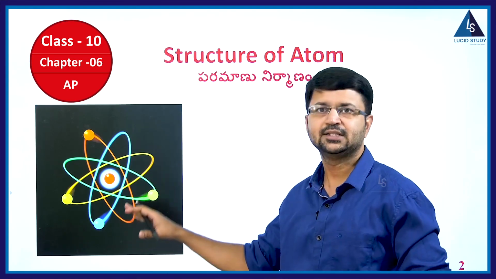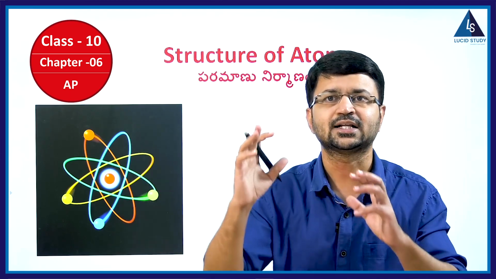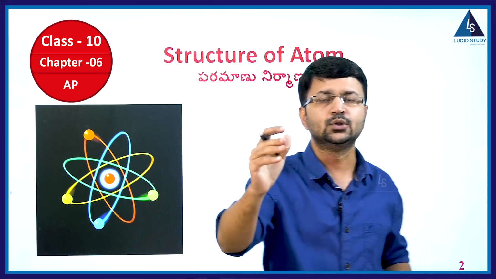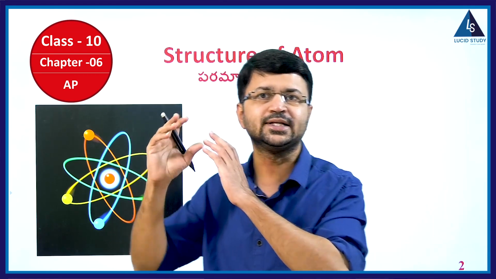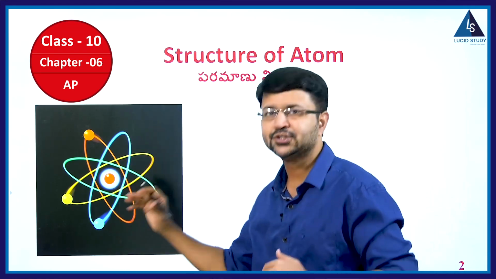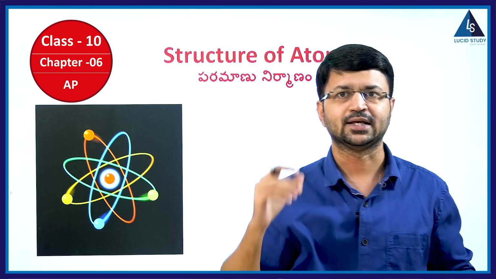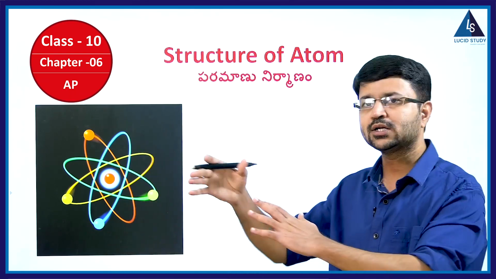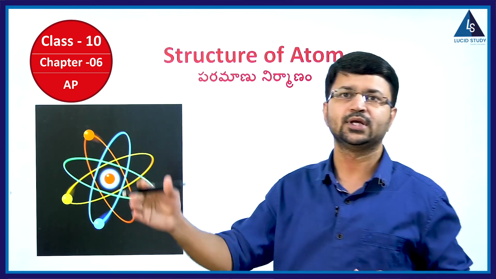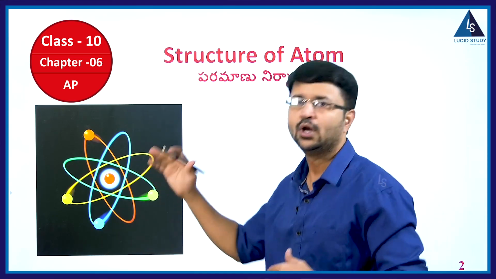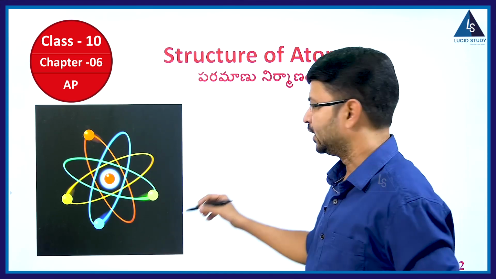Generally, the structure of atom means it consists of a central nucleus. Yes or no? This nucleus is spherical in shape. Subatomic particles such as protons and neutrons are present in the nucleus, and electrons revolve around the nucleus.